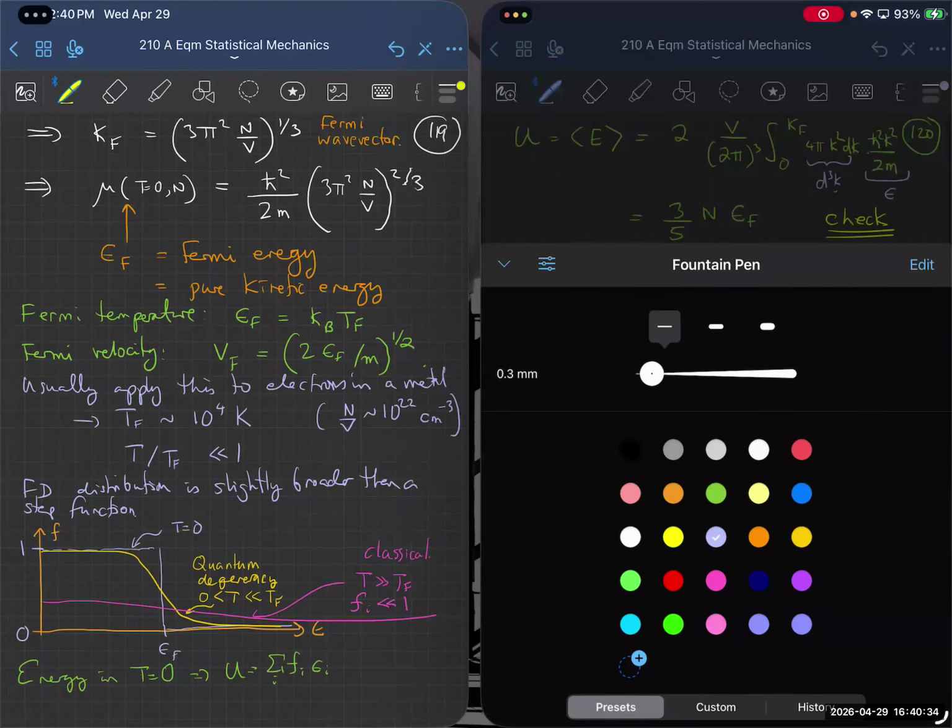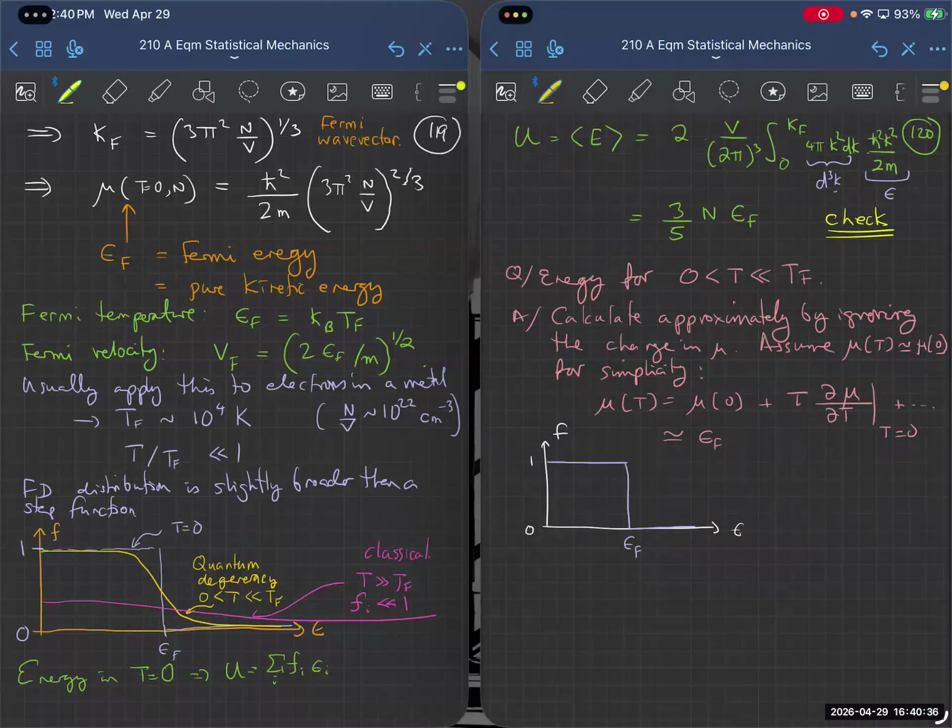Now, when I've excited the system, we're going to make the approximation that the number of particles that are depleted from here is the number that have been added here.